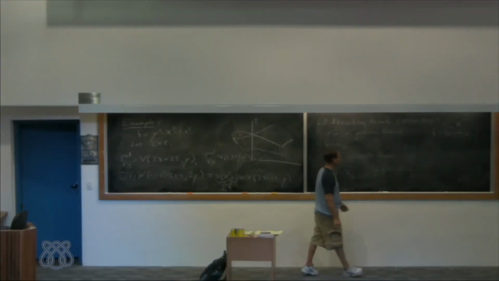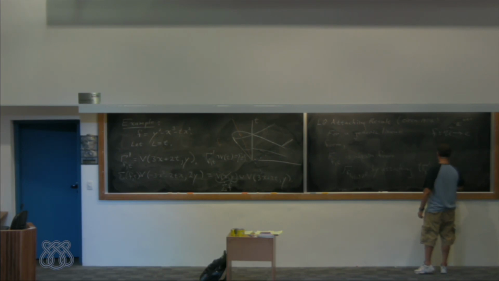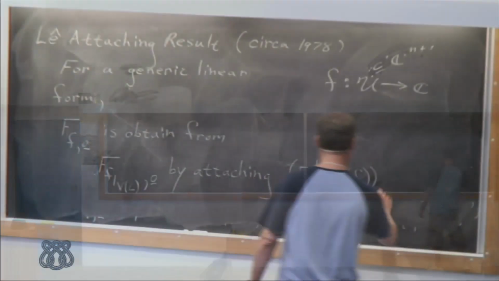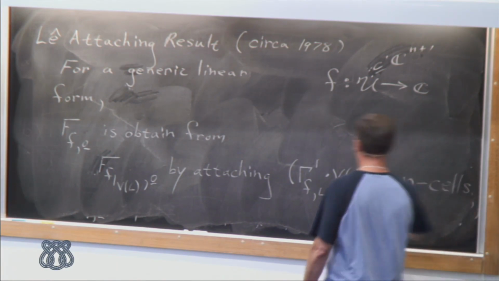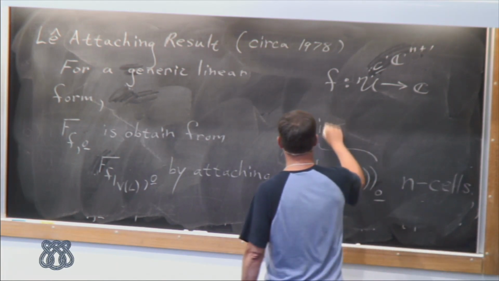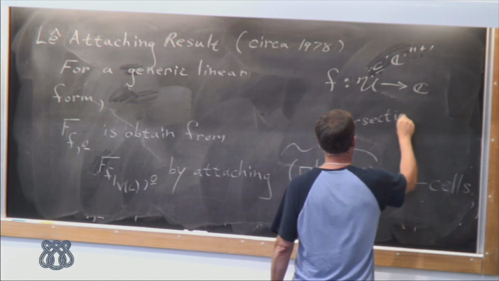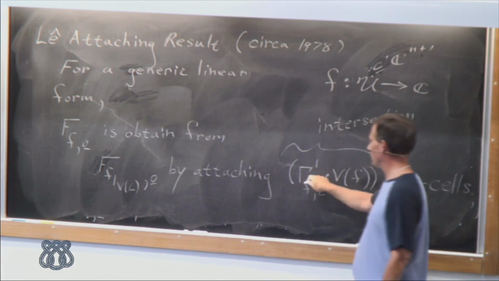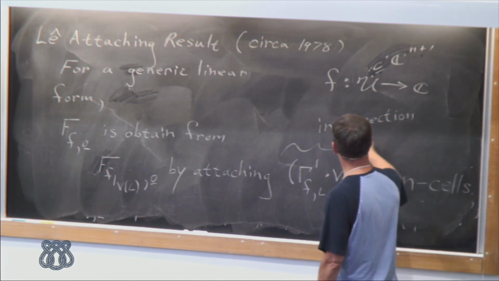So this is by attaching a certain number of n cells, and that number is the intersection number. This is an intersection number, which I will explain, if not today, then tomorrow. An intersection number of the relative polar curve with the hypersurface itself.